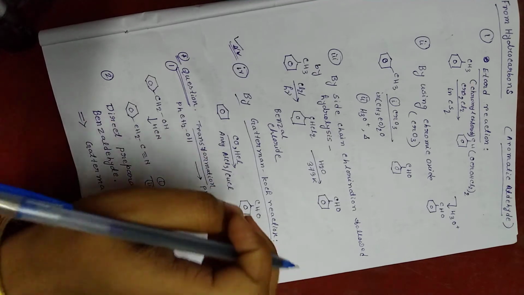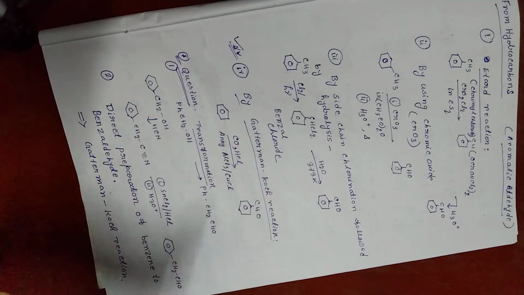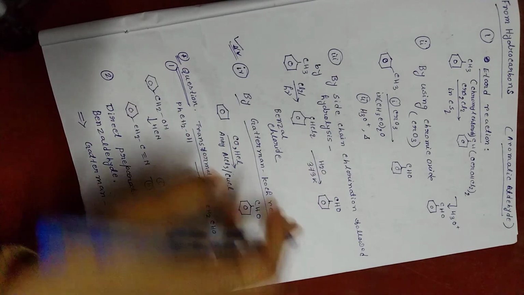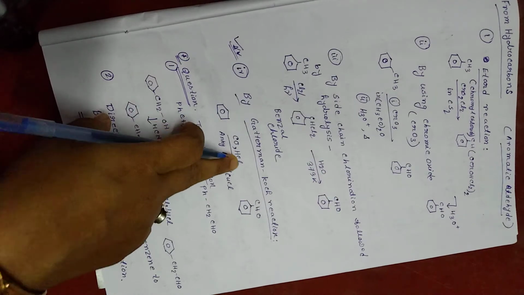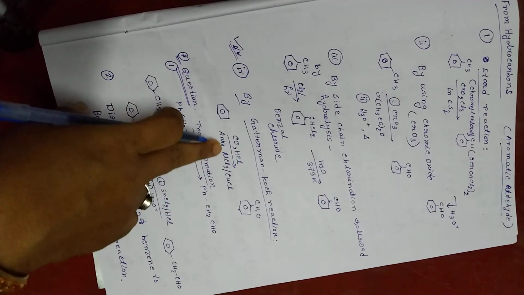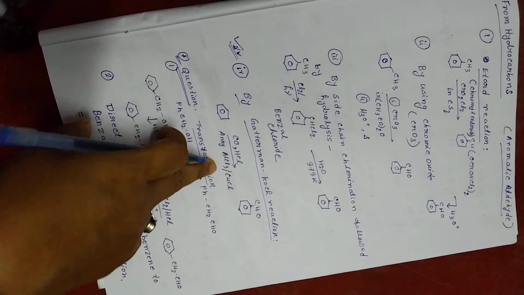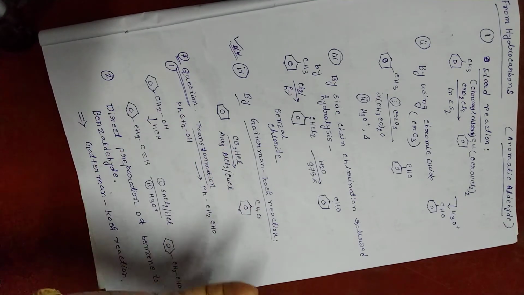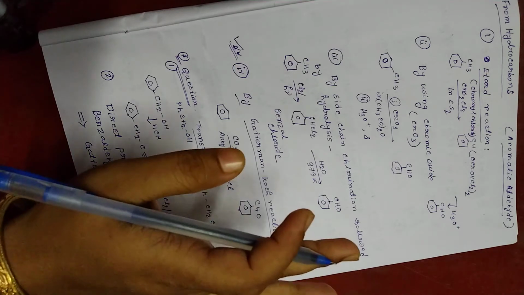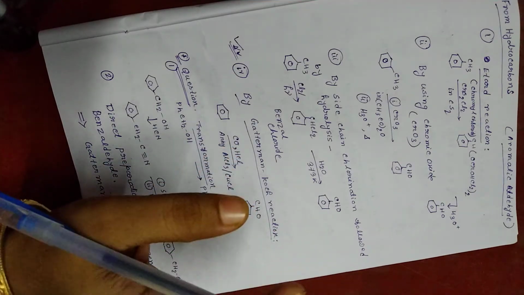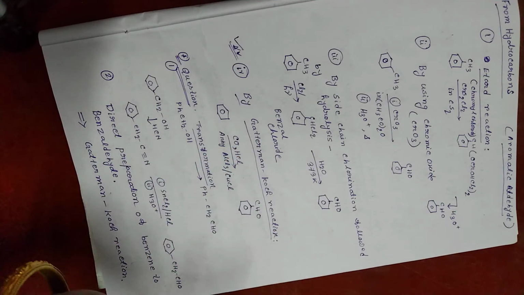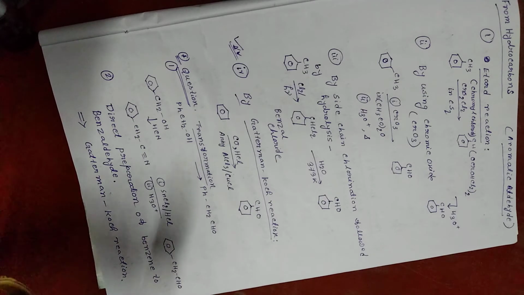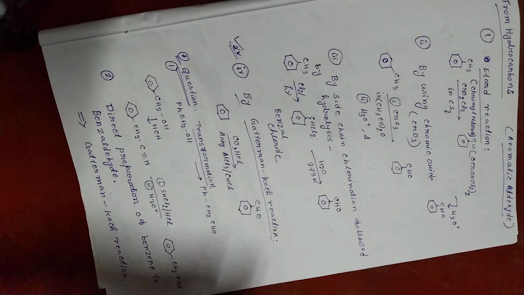So when benzene or its derivative is treated with carbon monoxide and hydrogen chloride in presence of aluminium chloride or cuprous chloride, it gives benzaldehyde or substituted benzaldehyde. This reaction is known as Gattermann-Koch reaction, a very important name reaction, and it is the direct preparation from benzene to benzaldehyde.